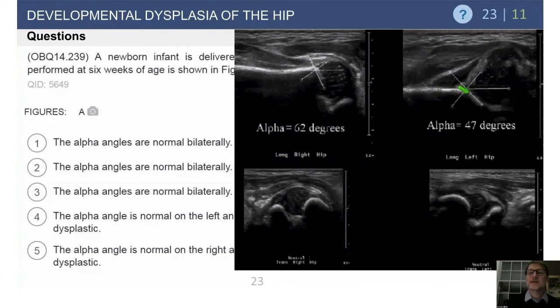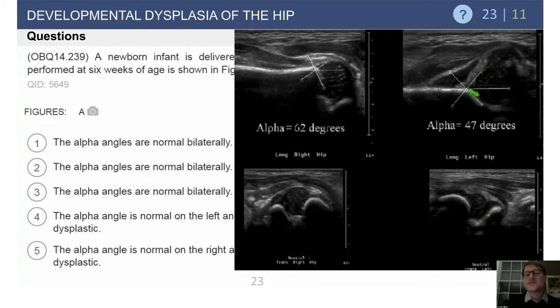It's like an AP pelvis on its side. If you look at this one, this femoral head is covered a little less than 50 degrees, and something we call the alpha angle, which is the angle of the lateral ilium through the femoral head, as well as the supraacetabular roof, and it's this angle.